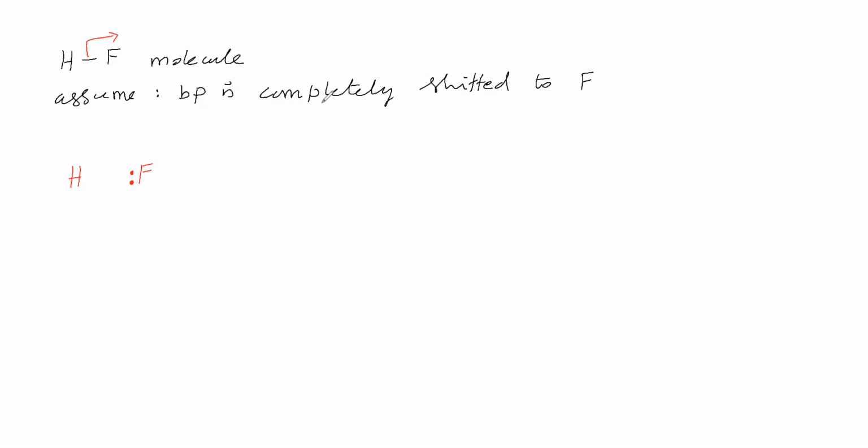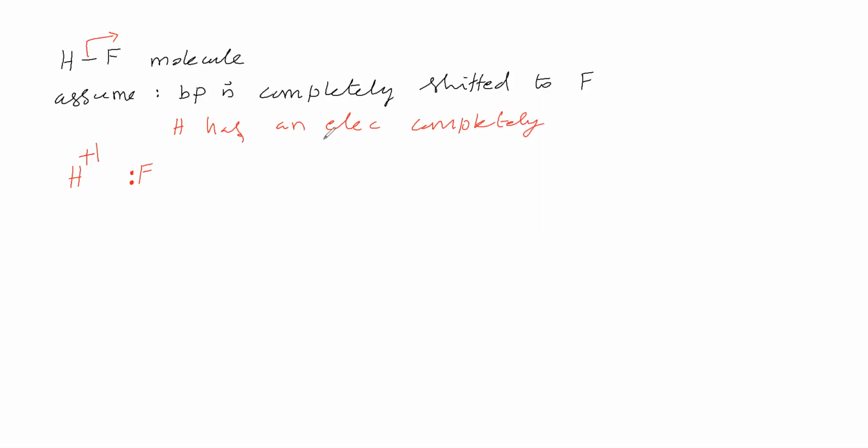The bond pair is completely shifted to fluorine. That means hydrogen has lost one electron, so hydrogen gets exactly plus one. So the assumption is that hydrogen has lost an electron completely.